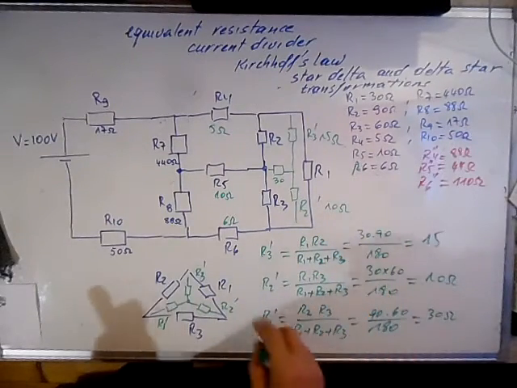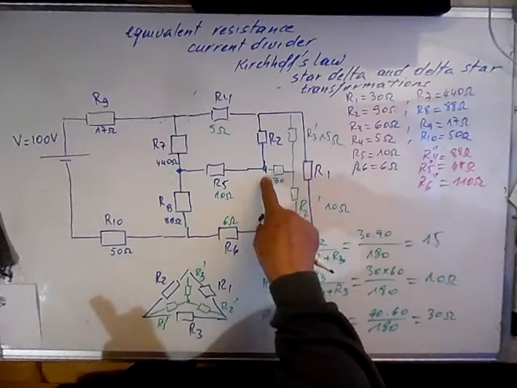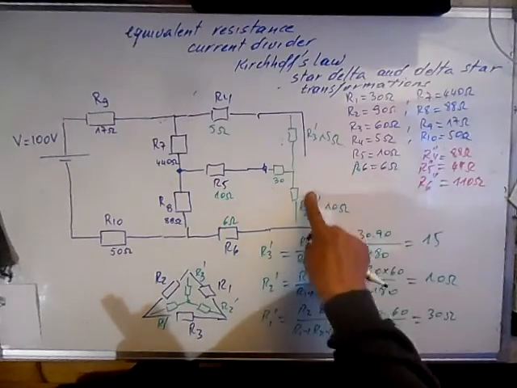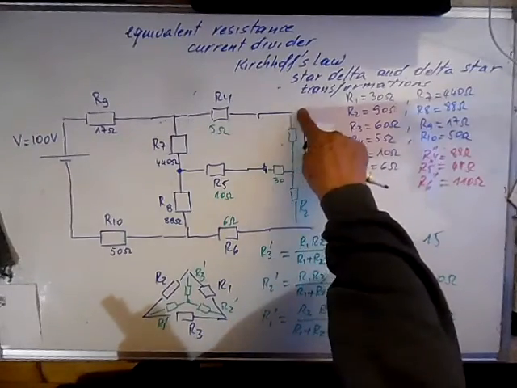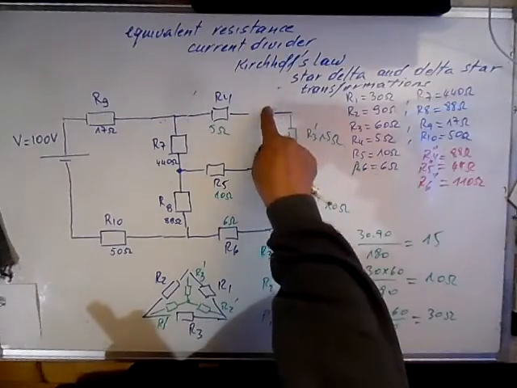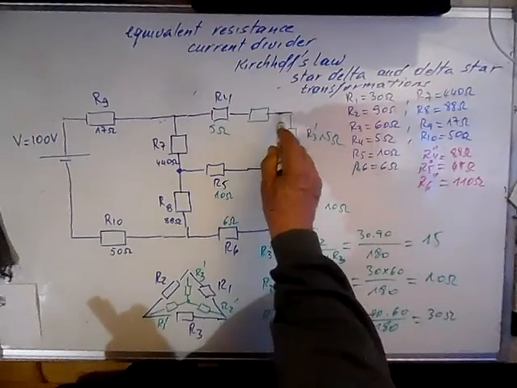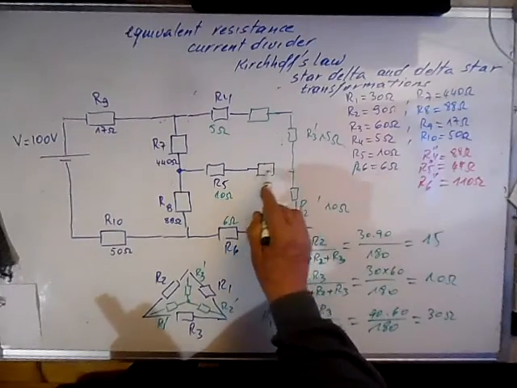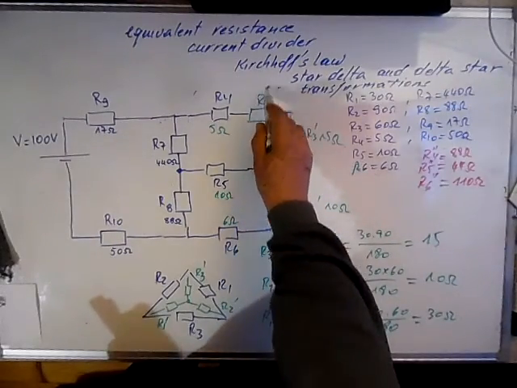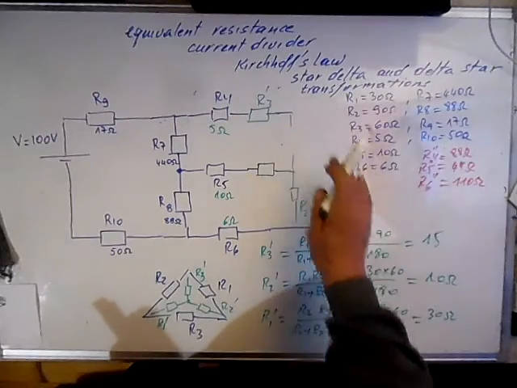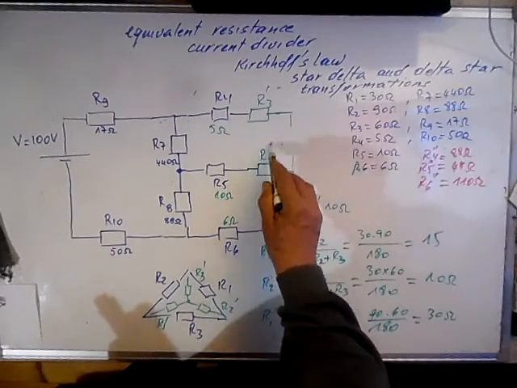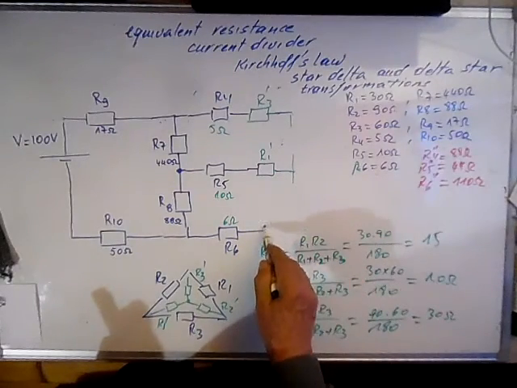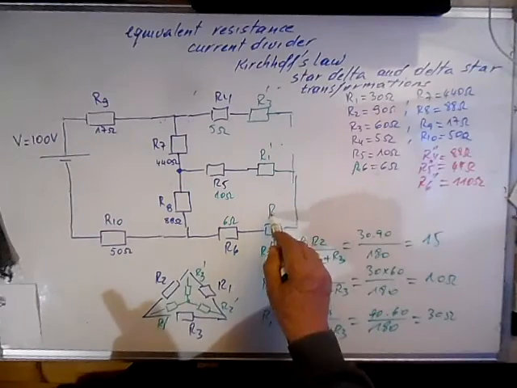So it means we have the following circuit. These will disappear, and we have the following circuit, which looks like this. R3 prime, which is here, R1 prime, and R2 prime.